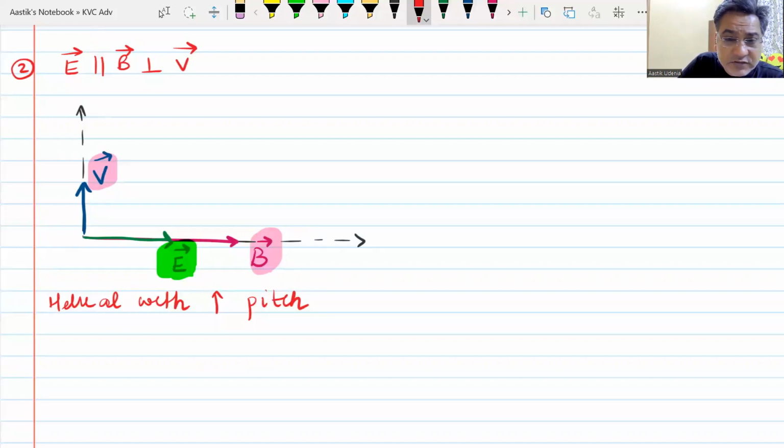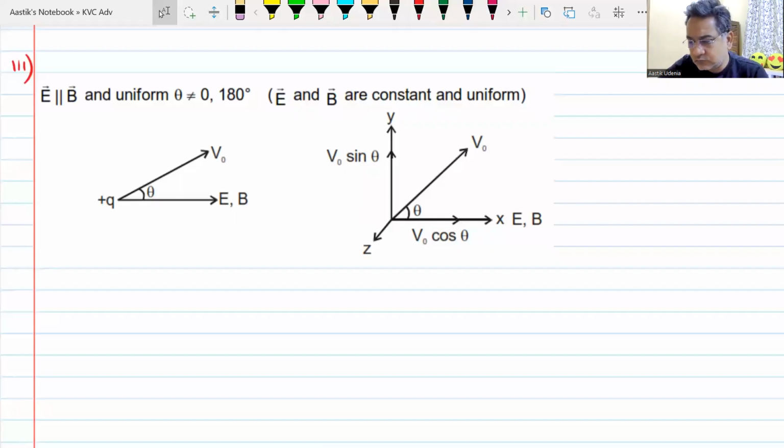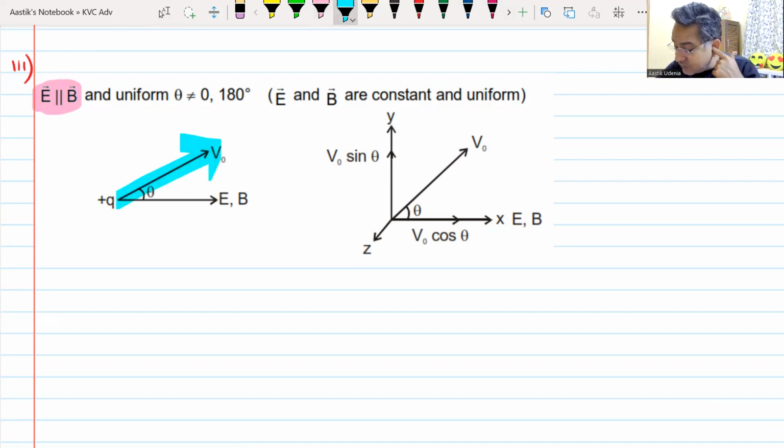I'll give you 1 minute to note this down. Then comes the next case where the electric and magnetic fields are parallel to each other, but the velocity is not parallel. Velocity is not at 90 degrees. Velocity is at an angle like this. What type of motion will this particle have?